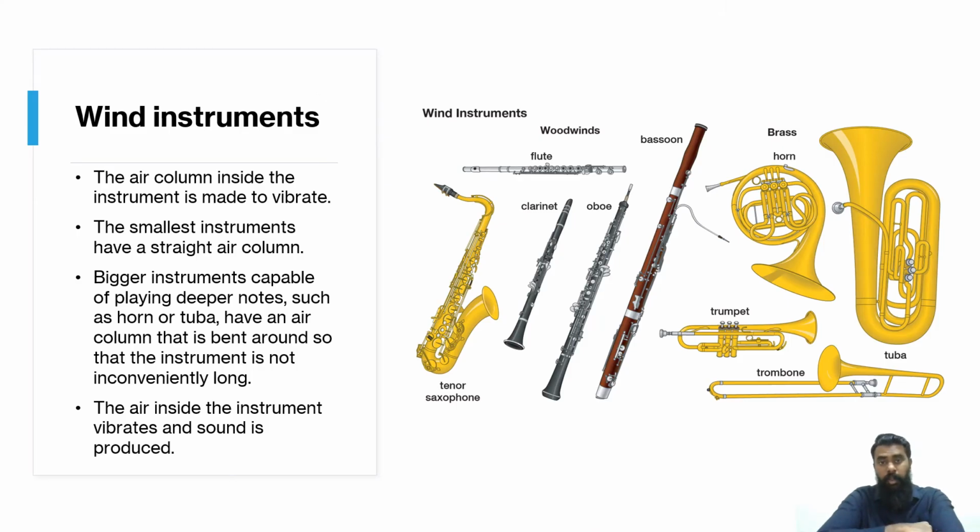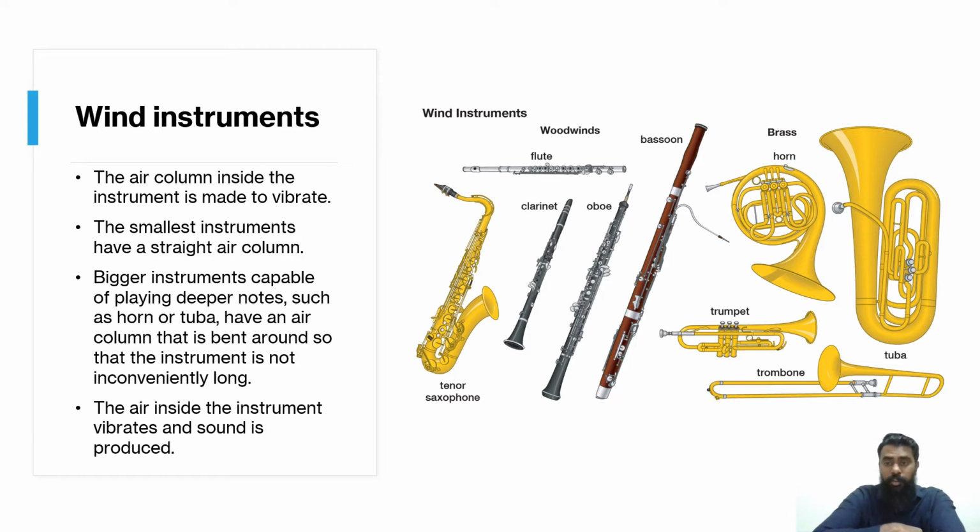Next, let's look at the wind instruments. Now, these instruments have an air column inside them, which is made to vibrate. As you can see in the picture, you have different types of wind instruments. You have a flute, saxophone, horn, tuba, trumpet. Now, observe, the small instruments have a straight air column, like a flute.